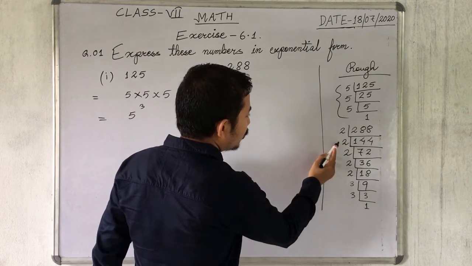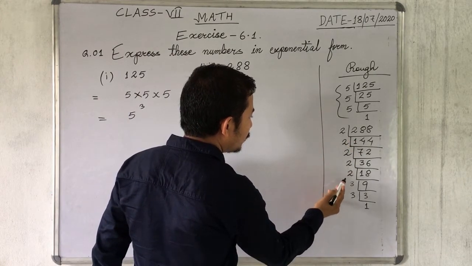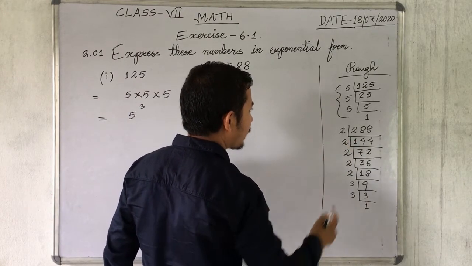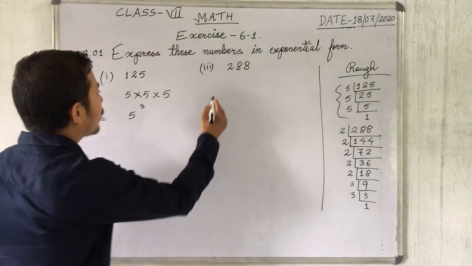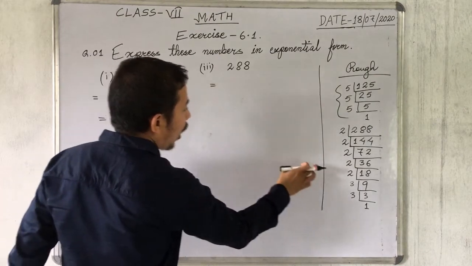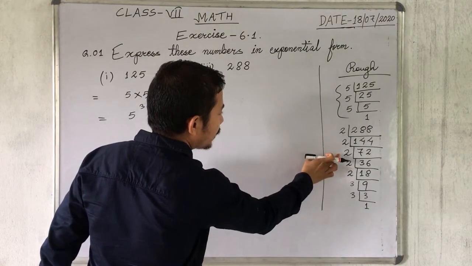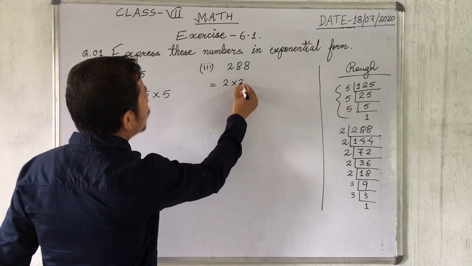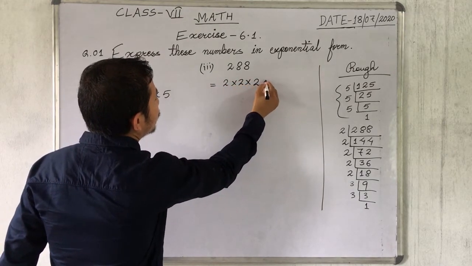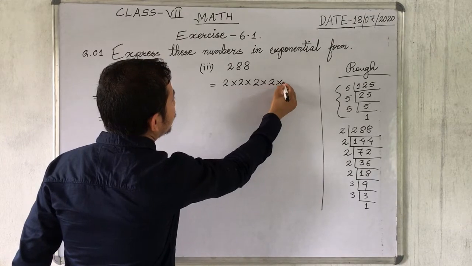we have got 2 into 2 into 2 into 2 into 2 into 3 into 3 as the factors of 288, right? Now look here. We have to write how many 2's are there: 1, 2, 3, 4, 5. So 2 into 2 into 2 into 2 into 2.